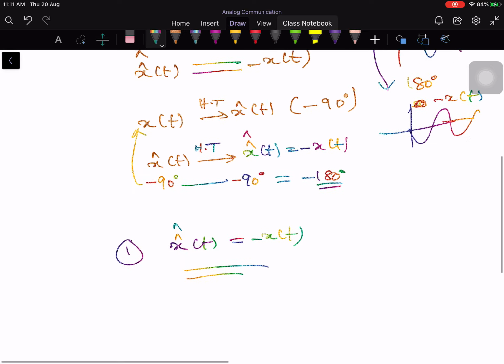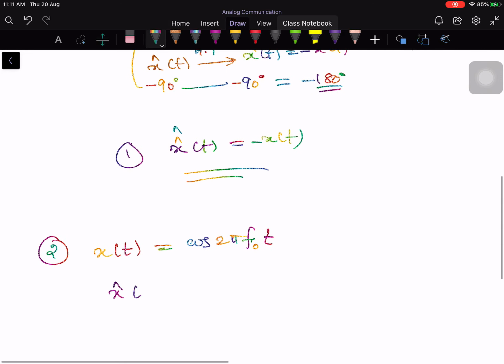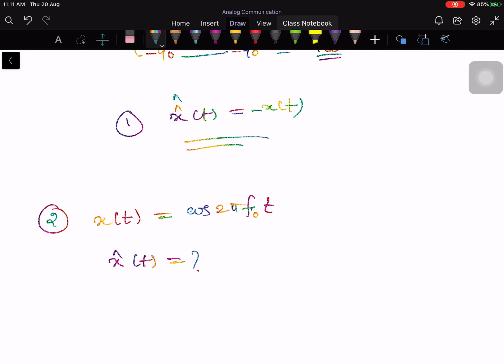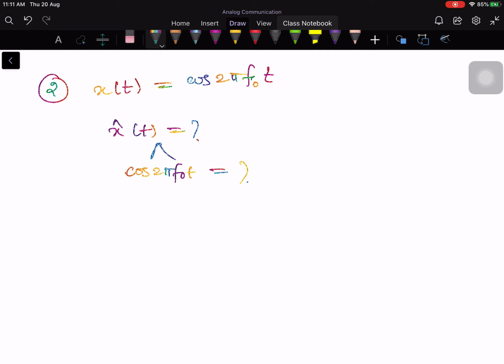And the second property: you take x of t equal to cos of 2 pi f naught t. Now what is x hat of t? That means we are asking the Hilbert transform of the cosinusoidal signal. There is no need to go to the mathematics; simply, we said Hilbert transform introduces minus pi by 2 phase shift for every positive frequency.